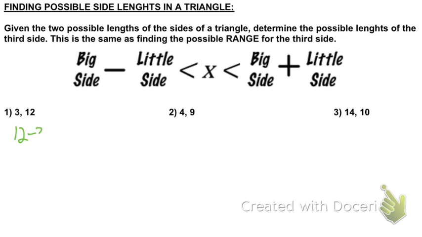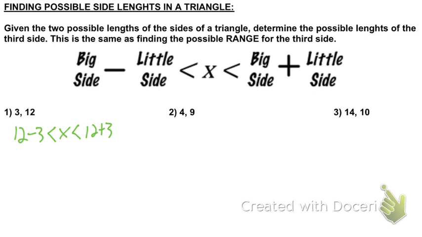So you do 12 minus 3. That's going to be less than x, and that's going to be less than your big side plus your little side. Now, truthfully, does the order you add matter? No. Okay, but the order you subtract does, right? Yeah. So 12 plus 3. So our x, aka the third side, has to be somewhere between the difference and the sum.